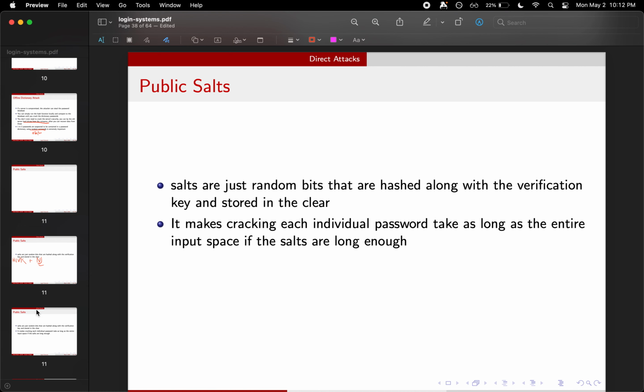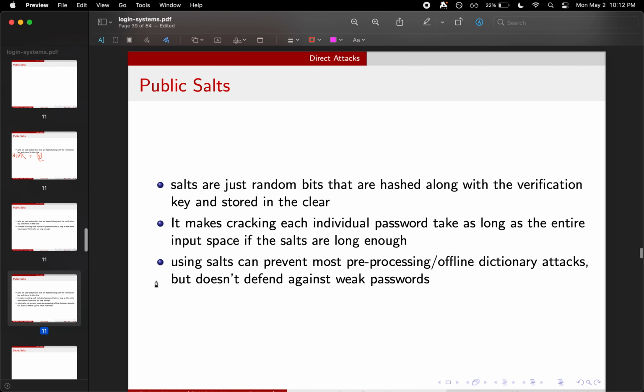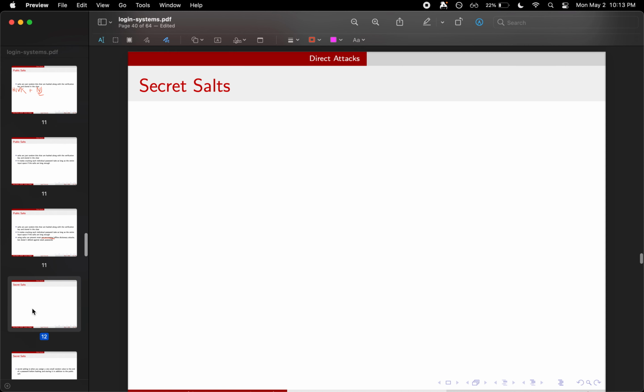So there's some benefit there. And that's known as a pre-processing attack. So a pre-processing attack is when you pre-generate all the hashes before you run a comparison against the database. So this helps against that. But if you use weak passwords, you can still do a flavor of an online dictionary attack locally and crack this fairly quickly. So that's public salts.